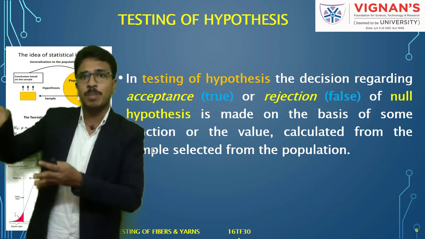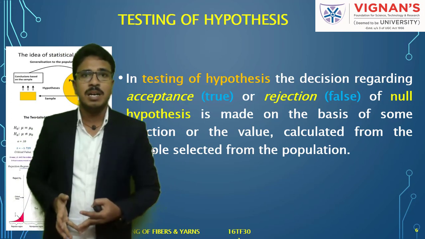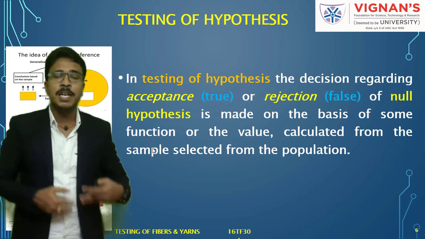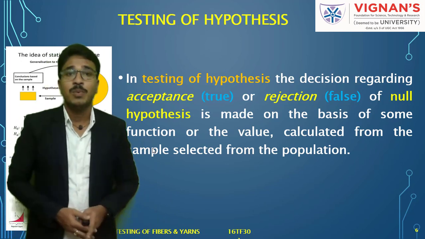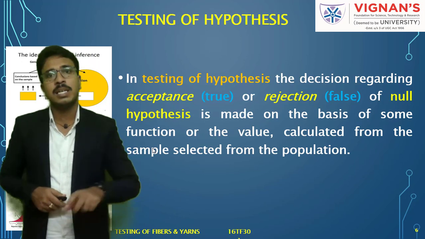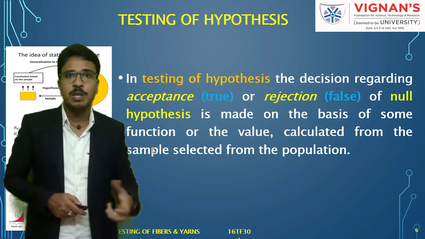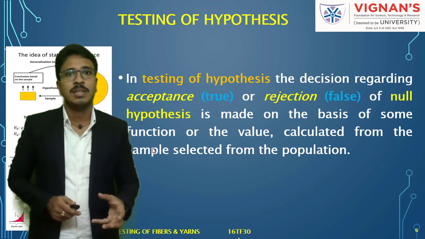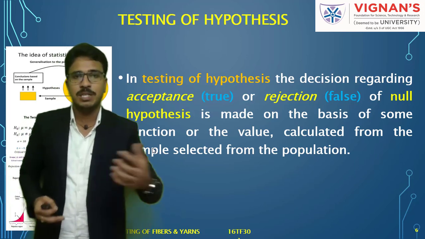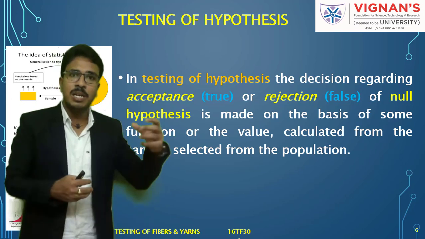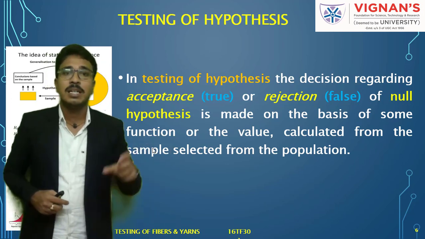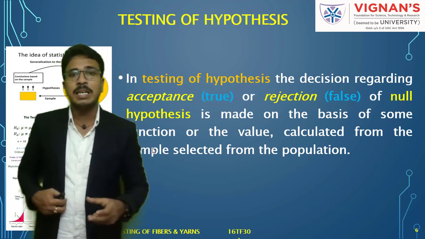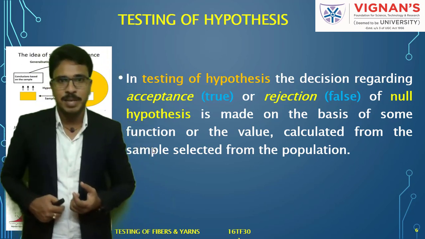So from the population we select the sample, from the sample we calculate our statistic, and depending upon the statistic we accept or reject our null hypothesis. If you accept your null hypothesis, there is no difference between the sample and the population parameters. If your null hypothesis is rejected, that means there is a difference between your sample selected and the population parameter.